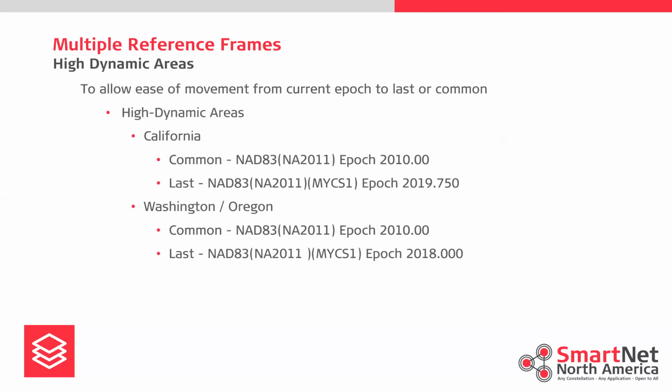In high dynamic areas in California, we've always had a common mount point. We've always had the last mount point available. So when we transition to the new EPIC 2020, we'll have NA 2011 NYCS1 EPIC 2019.750 available for customers. In Washington and Oregon, we'll have the last, so we'll have the NYCS1 EPIC 2018 coordinates available on a different mount point.